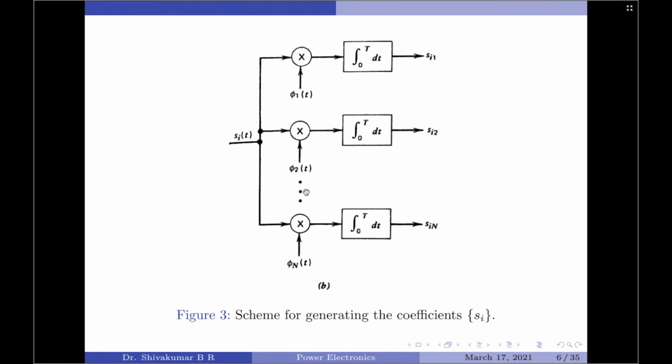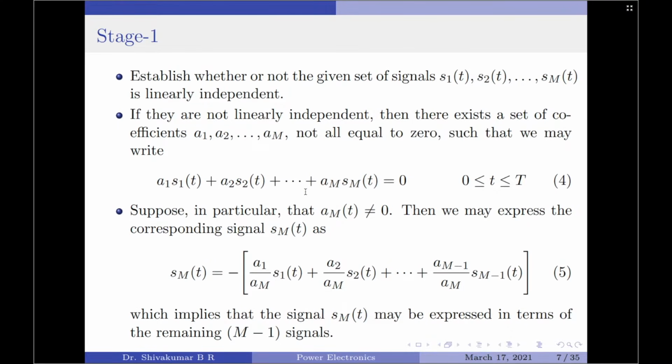Lastly, to prove the Gram-Schmidt orthogonalization procedure, we proceed in two stages. Let us start with stage 1. In stage 1, at first we have to establish whether or not the given set of signals, that is S1 of t, S2 of t till Sm of t, are linearly independent.